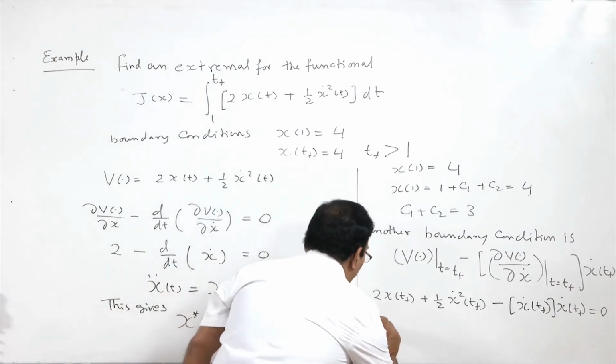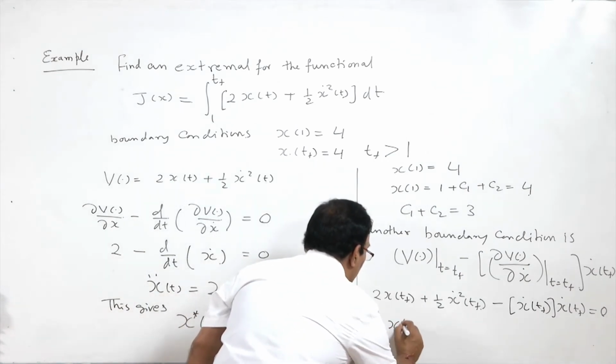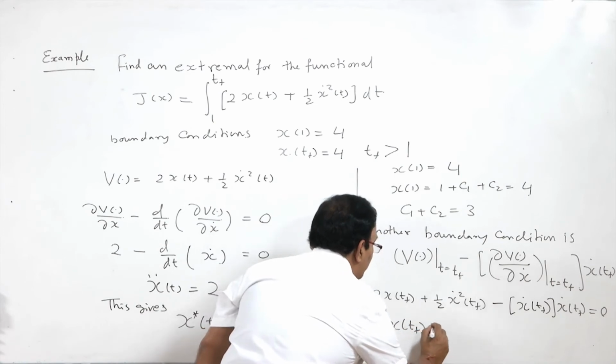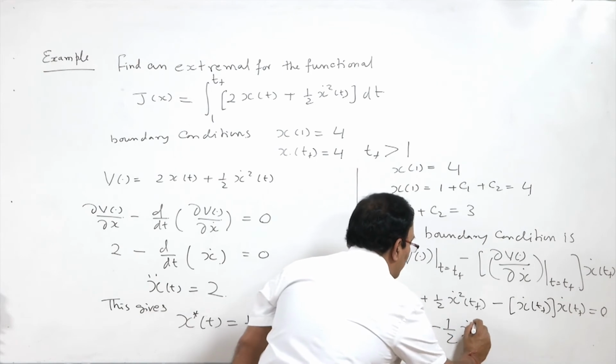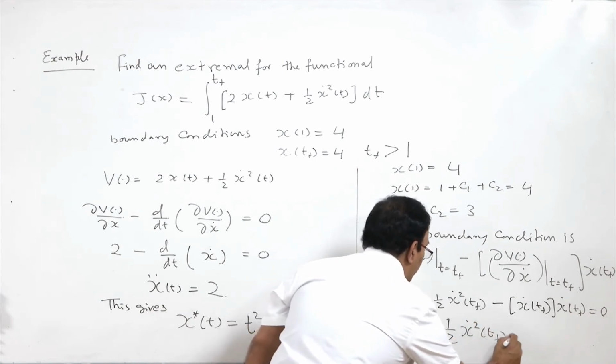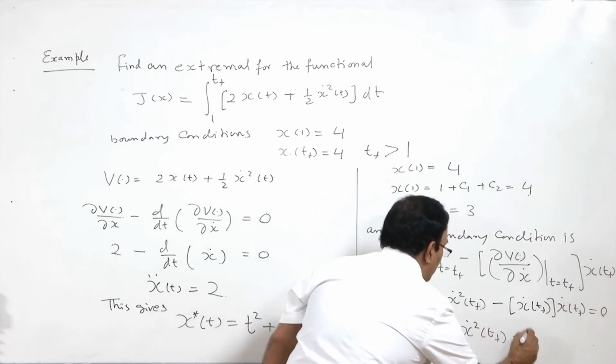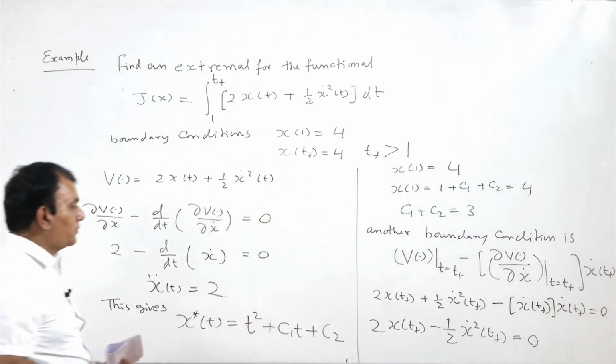So, I am simply getting 2x(tf) minus 1/2 ẋ²(tf), that is equal to 0.